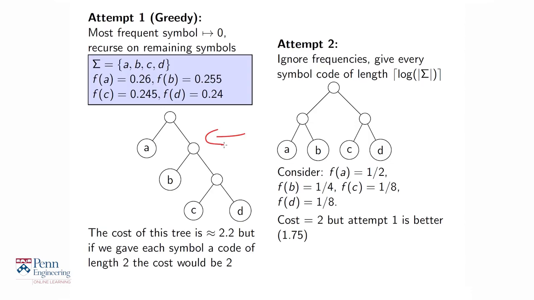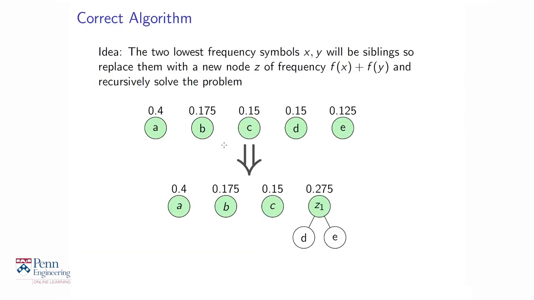So neither one of these attempts seems to solve the problem all the time, and we want a greedy approach that will solve the problem on all inputs. So the correct algorithm takes the following idea. The greedy idea is to take the 2 symbols that occur with the least frequency and combine them to make a new symbol.